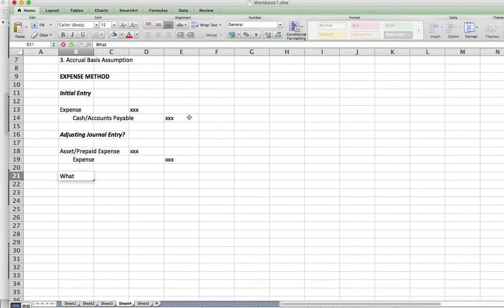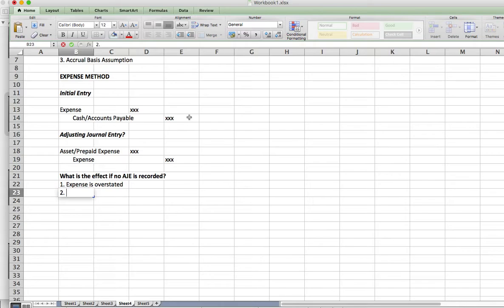Now, what is the effect if no adjusting journal entry is recorded? Anong nangyayari kung hindi tayo nakapag-adjust? Number 1, what will happen to the expense? The expense is overstated.